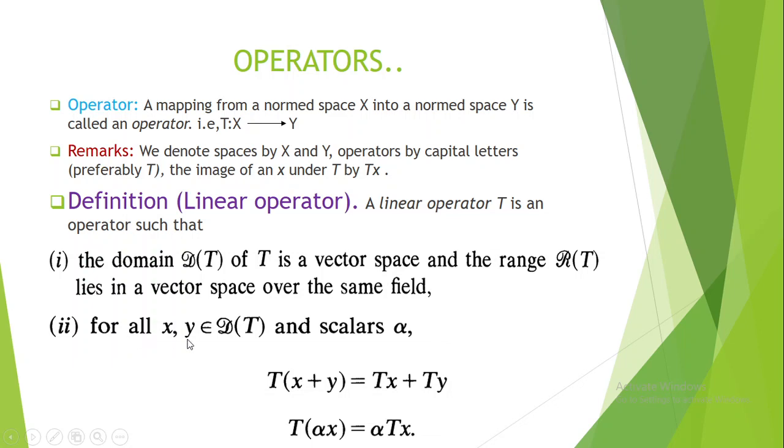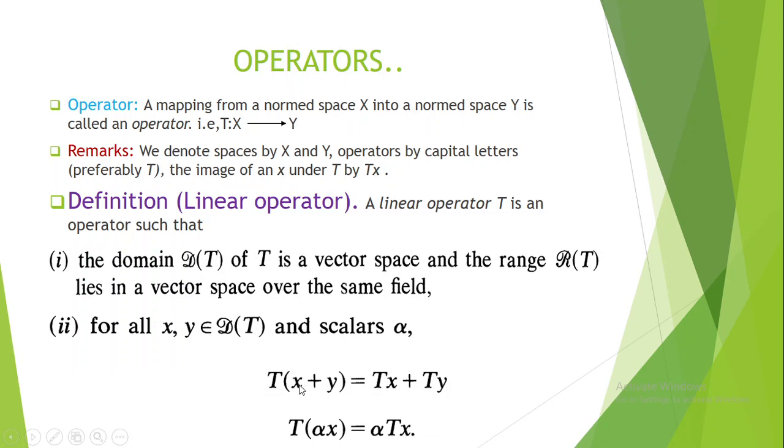Whenever x belongs to the domain of the operator and the scalar belongs to the field, then it is necessary for the operator to satisfy these two conditions to be a linear operator.